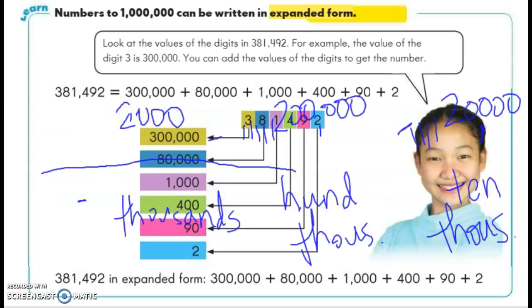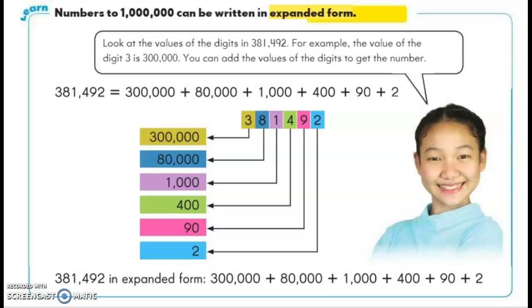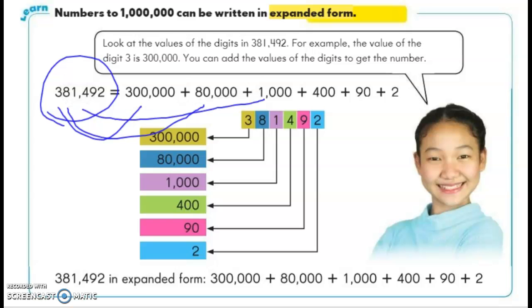So we can use what we were just doing to write it in expanded form. Expanded form is just where we write each value separately. So we break a number apart. So this number we have here, we just broke it up by the value of each digit separately. What's the value of the 3? 300,000.